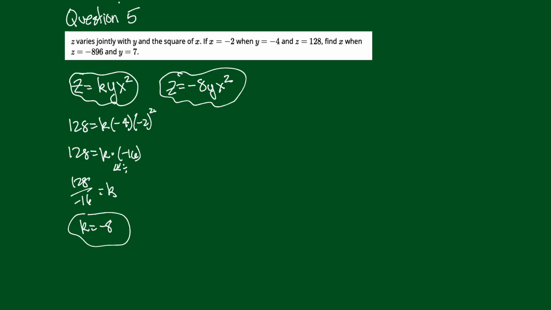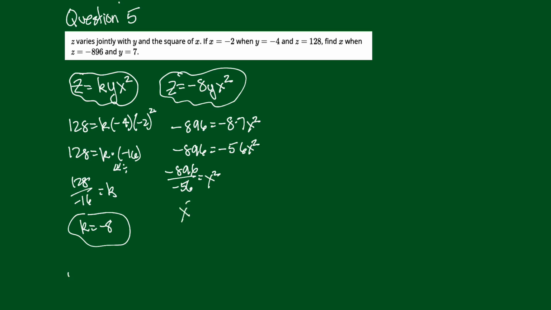Okay, so z is negative 896. That's equal to negative 8. Y is a 7, and then I'll have the x squared. So we'll get negative 896 is equal to negative, now 7 times 8, 56x squared. Let's divide, so negative 896 divided by negative 56, that is x squared.